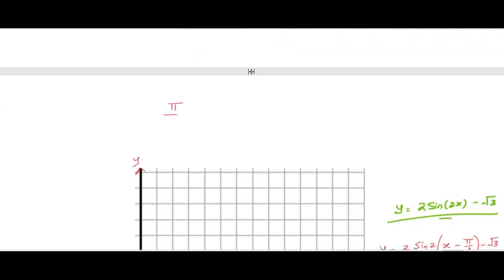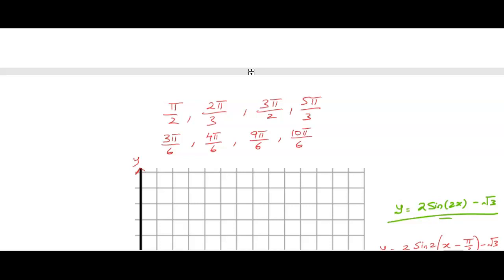If you want to make your job a little bit easier, you can write everything with a denominator of 6. So that's basically 3 pi on 6, 4 pi on 6, 9 pi on 6, and then 10 pi on 6.